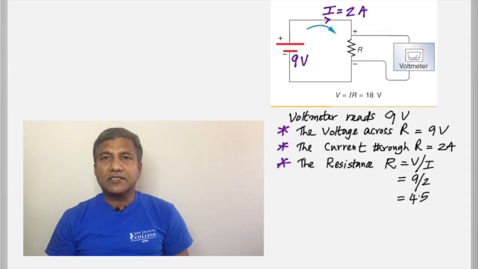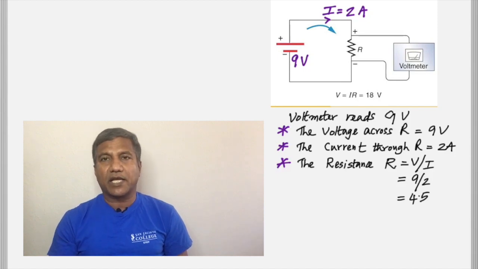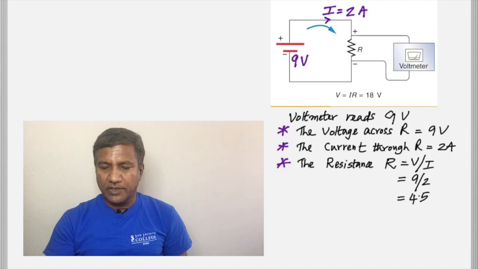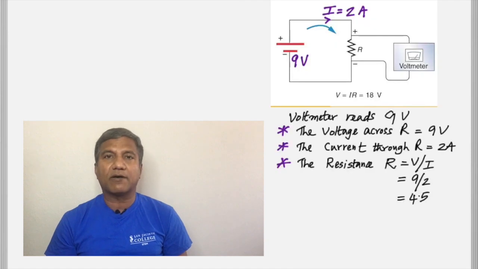So in this case, the voltmeter reads 9 volts because the voltage across the resistance is going to be 9 volt. And the current through the resistance is 2 ampere. If that's the case, the resistance is 9 divided by 2, 4.5 ohms. So that's the resistance of this resistor.